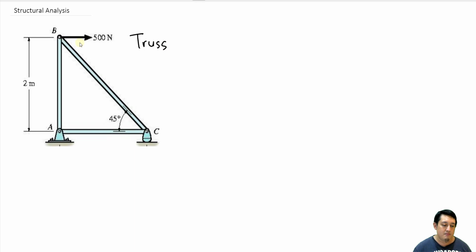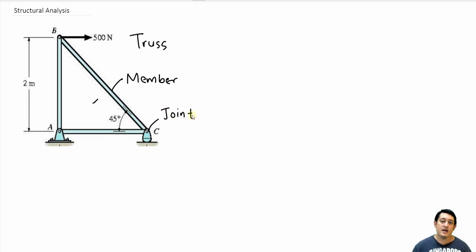So what is a member? Member is actually this one. This rod here, we call it a member. These two members here are connected at C, as you can see here. This point C here, we call it a joint.